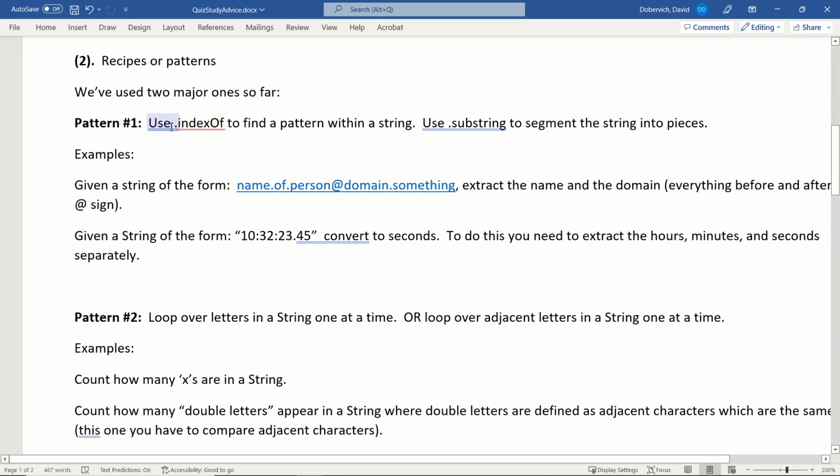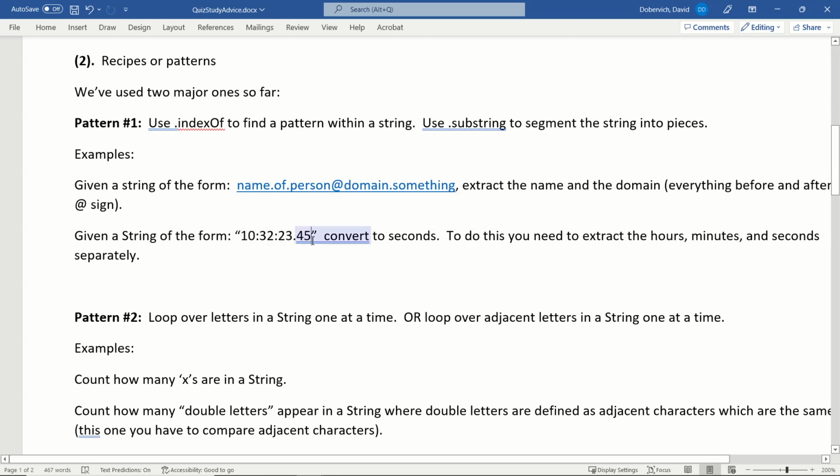One pattern is, given a string, use indexOf to find a particular character or sequence of characters within the string, and then use substring to segment the string into pieces based on those key characters. From the project, one example was the timestamp.